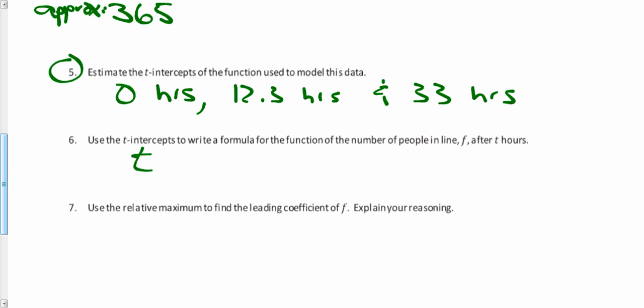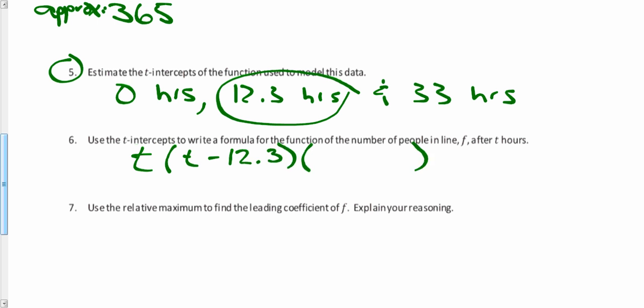T would be my factor. What's the factor that would make this a solution? So, times t minus 12.3. And then one last one. What do you think that last one would be? There would be t minus 33.